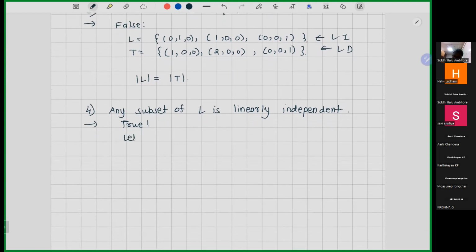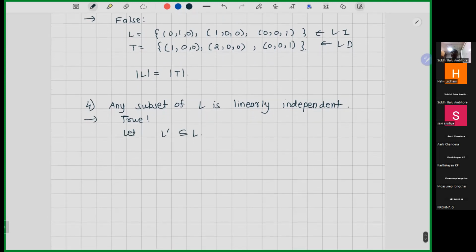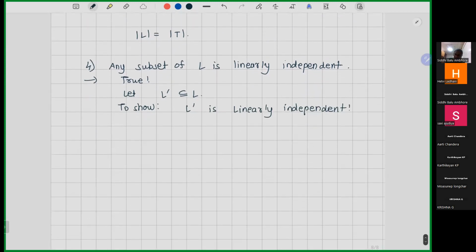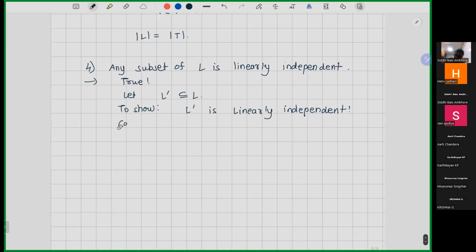Let us start with L dash, which is a subset of L. And we have to show that L dash is linearly independent. Okay, so let us start by contradiction. Suppose that L dash is a linearly dependent set.